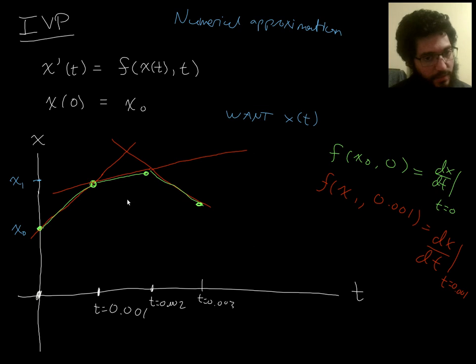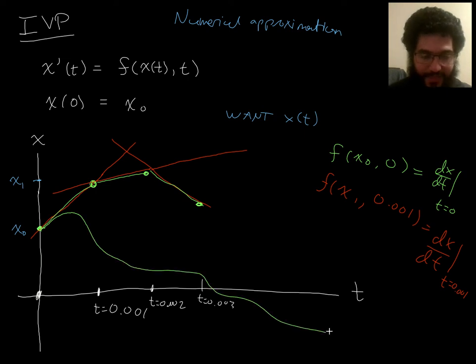And if the true function behavior really does something more like this, where it starts out here with the prescribed slope but changes faster than we thought, so maybe it goes and does something else, then our approximation is quite bad.